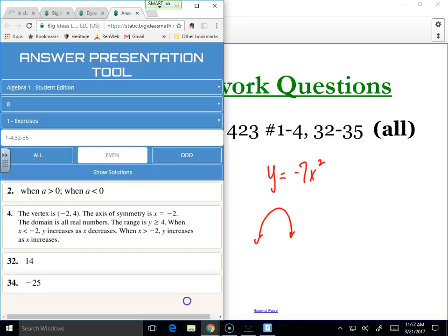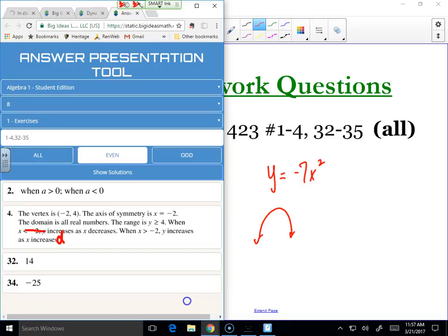Increasing when x is less than negative 2. They said that. I don't like how they said that. Can I write it the way that we should write it? We talked about whether the graph was going up or going down.